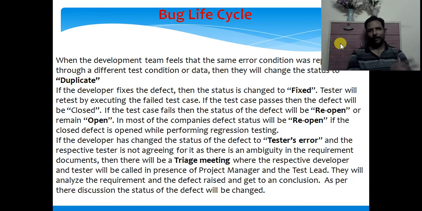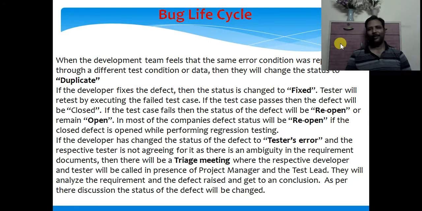If at all we have any doubt, we have to raise a requirement clarification note, and that note is submitted to the respective author of the document, so that we are clear on the requirement. If you have any ambiguity, if you are not clear with the requirement, even as a tester I am clear, but as a developer he may not be clear.